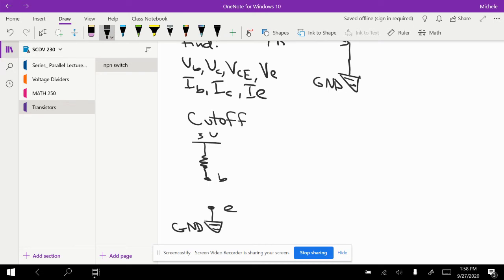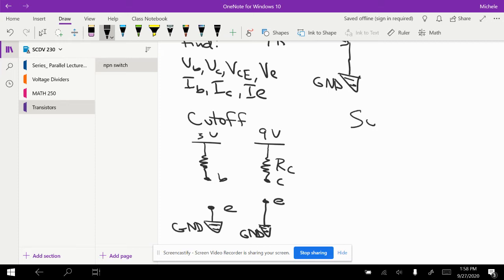During cutoff, this is what's going on. For my base to my emitter, and in this case, I have my RC, then this is C, this is E, and this is ground. Okay, so that's what's going on. If the base to emitter is not on, then that means my collector to emitter is not on, and so no current flows in any of those circuits.